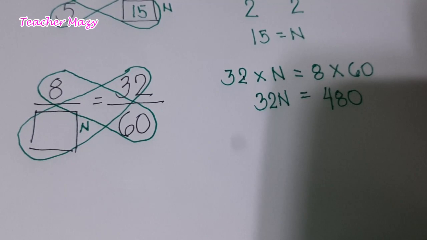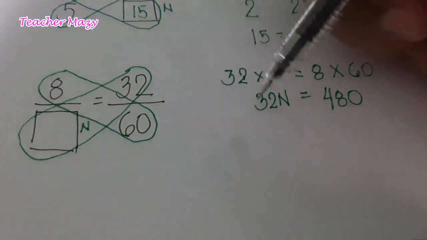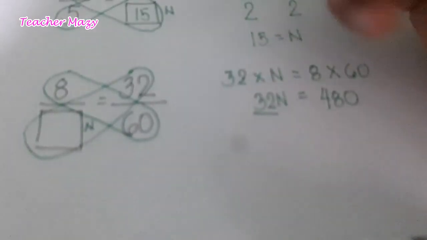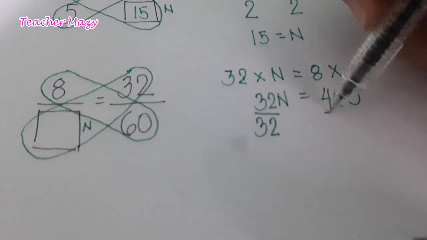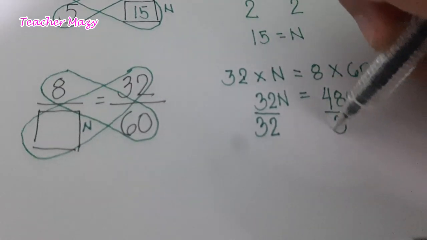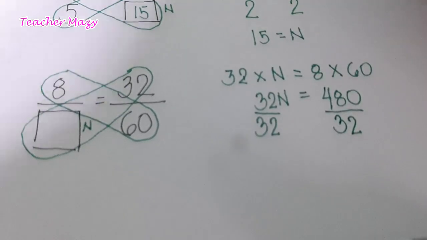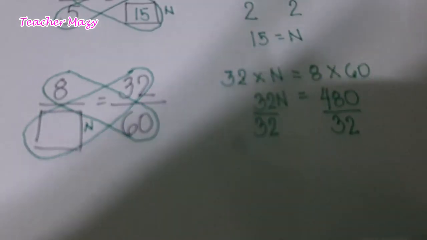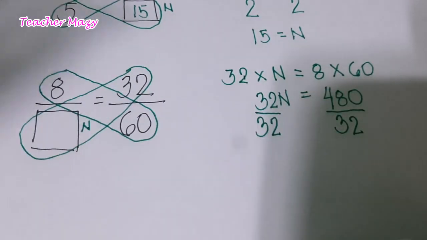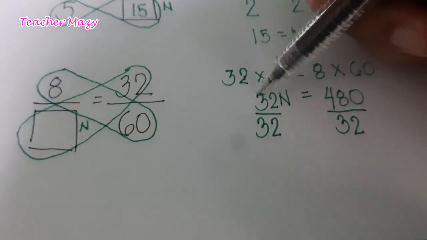And then let's divide by the number beside the n, which is 32. So 32 divided by 32 is equal to 1, or let's just cancel that.